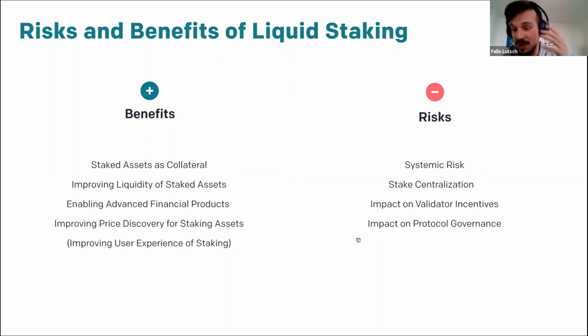Then another big risk is clearly, if these liquid staking solutions exist, or also if they don't exist, there's a risk of stake centralization with the issuers of these tokens. For example, if it's on an exchange, there's a risk that the exchange basically controls all the staking. That's already a problem potentially right now, and will remain a problem.